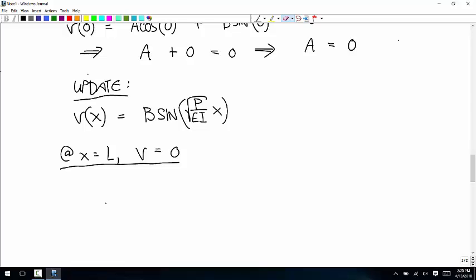I'm just going to use my updated form of the deflection function. And we have that the deflection at L is equal to b times sine of the quantity square root of P over EI times L. And that has to be equal to 0.